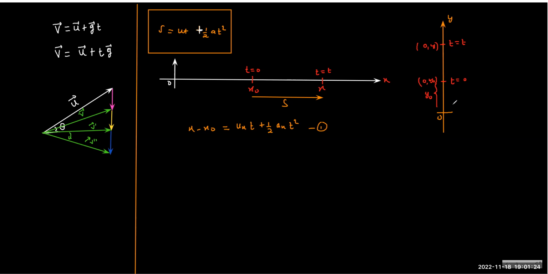And y naught we measure from the origin. So how will the equation look? Tell me, guys. y minus y naught equals u_y t plus half a_y t squared. So remember the definition, remember the way of writing.